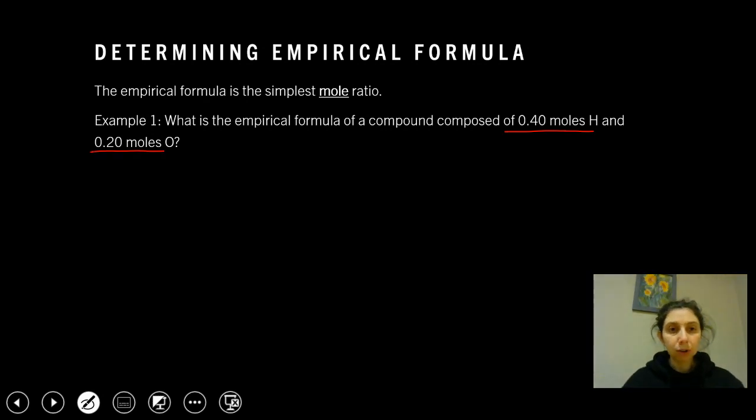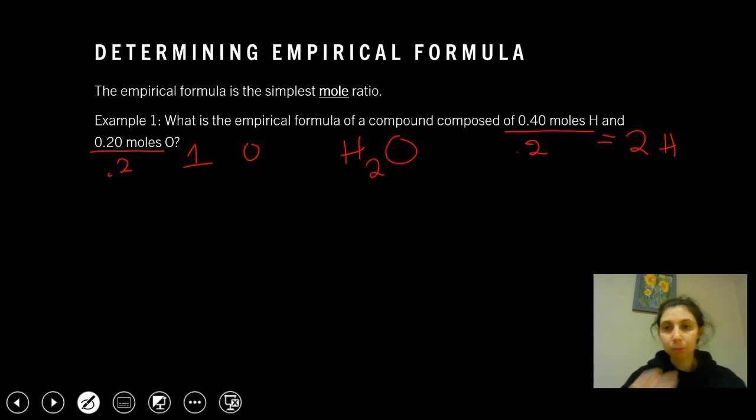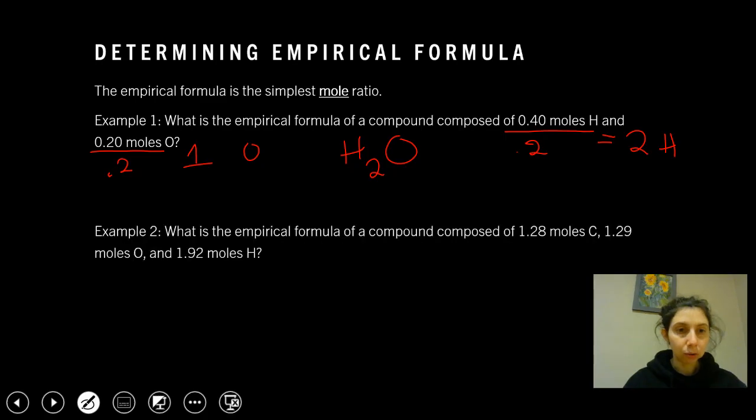In order to find the simplest ratio, we're going to divide by a smaller number. So 0.4 divided by 0.2 would give us 2 moles of hydrogen, and 0.2 divided by 0.2 would give us 1 mole of oxygen. So our empirical formula would be H2O. We have twice as many moles of hydrogen as we do oxygen.